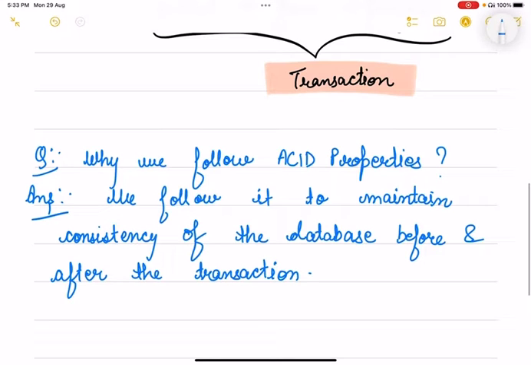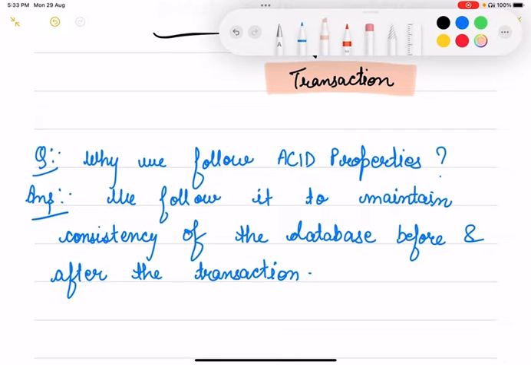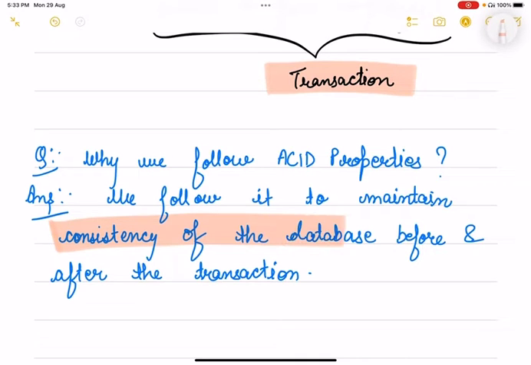So we follow ACID properties to maintain consistency of the database before and after the transaction.